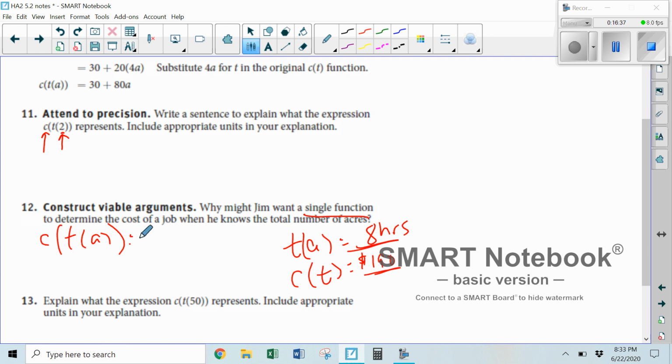If we have one function that combines the two, which we came out to be 30 plus 80A, I can just plug in the acres.